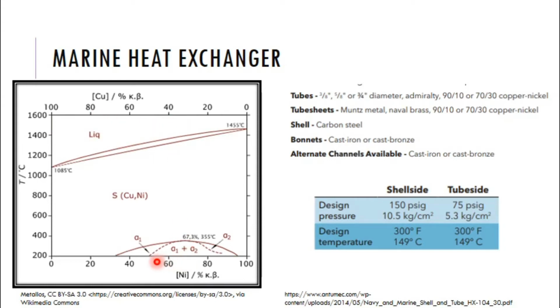With respect to the composition of nickel, the phase which is present in that alloy will change. For a 90-10 copper nickel, the alloy lies somewhere around this area. For a 70-30 copper nickel, it lies somewhere around this area.